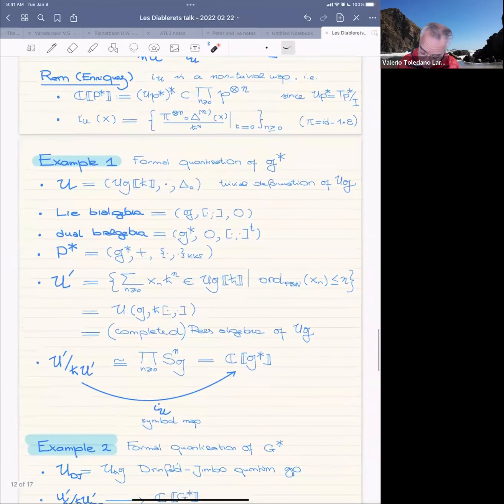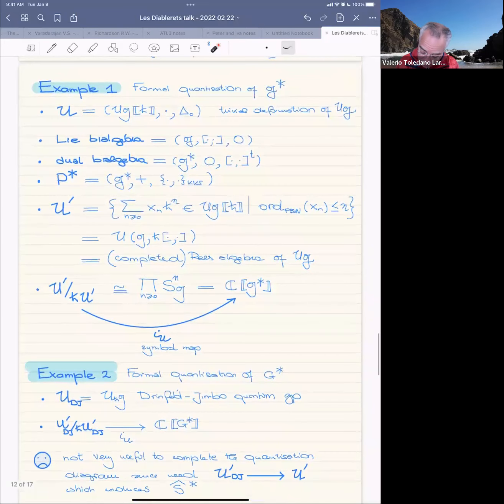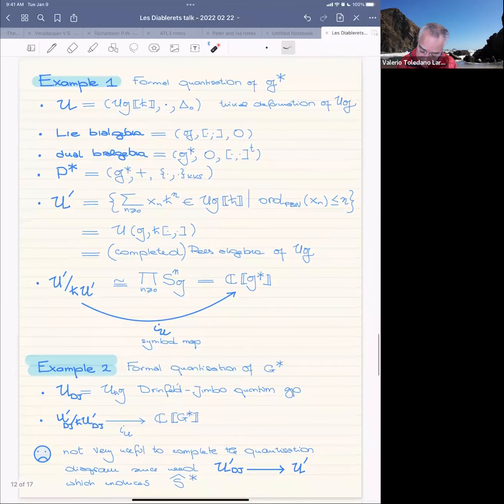Now I want to use Drinfeld duality again to give you a formal quantization of the dual Poisson Lie group, capital G star. Now for that, the natural temptation is, why don't I start with the Drinfeld-Jimbo quantum group? After all, this is a QUE which deforms the correct Lie algebra structure.